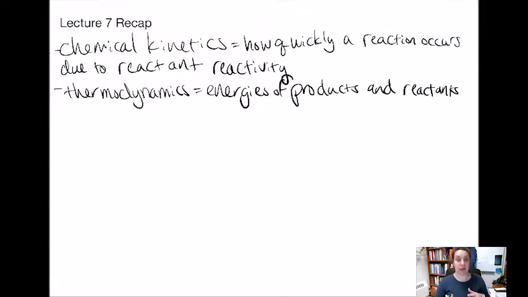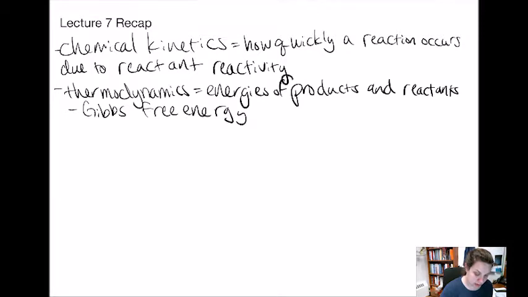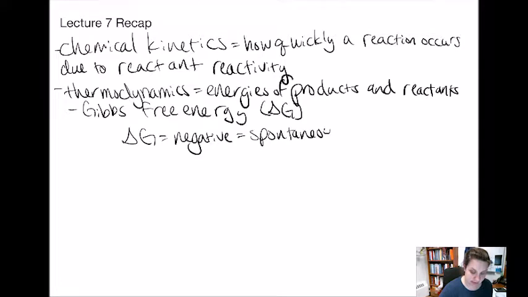Looking at their energies will tell us if a reaction will occur, not how fast it will occur, like our kinetics will. So this talks about the Gibbs free energy. Remember our delta G. If delta G is negative, we have a spontaneous process, and the reaction will occur without any additional energy.